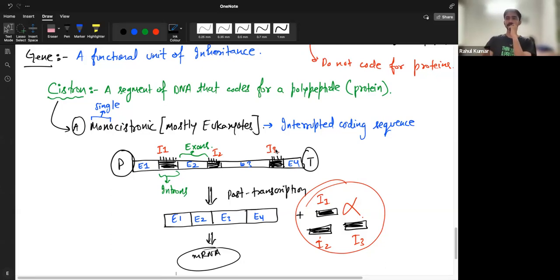And they appear in the mature and processed mRNA. And they always appear in the same sequence series. Okay, so E1, E2, E3, E4. In between, you will cut down introns and remove it.